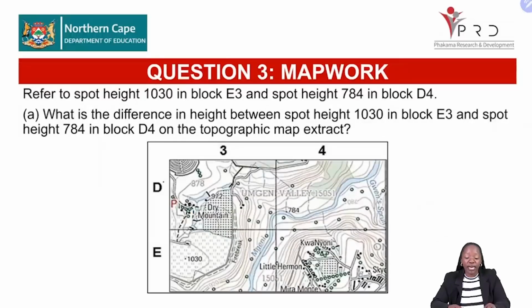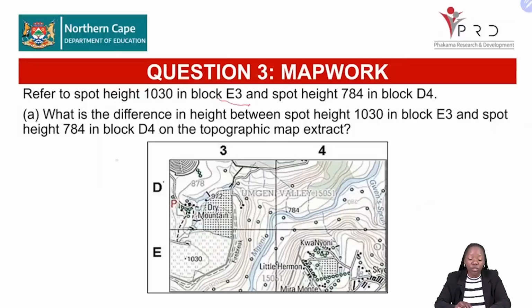Right? Looking at our first question, you refer to the spot height 1030 in block E3. So you are already given blocks A, D, and E, 3 and 4. So this time, we are looking at block E3 and spot height 784 in block D4.